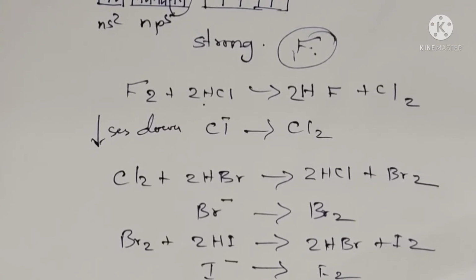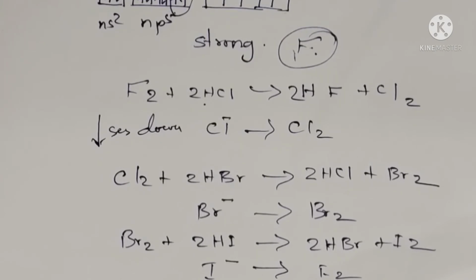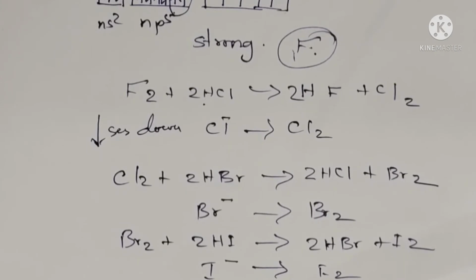That is when we move from top to bottom. That is, fluorine can oxidize chloride, bromide and iodide. Chlorine can oxidize bromide and iodide. Bromine can oxidize iodide. The reverse is not possible. That means the oxidizing nature decreases down the group.